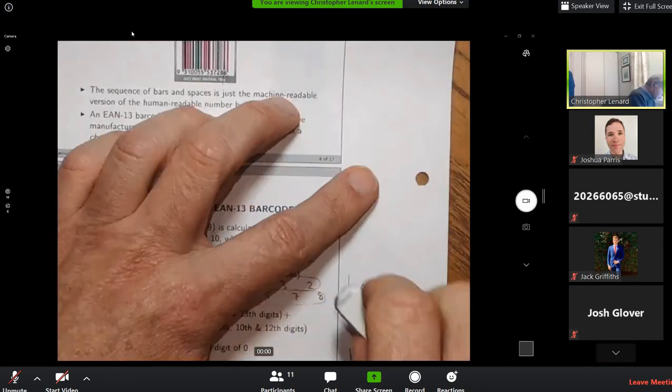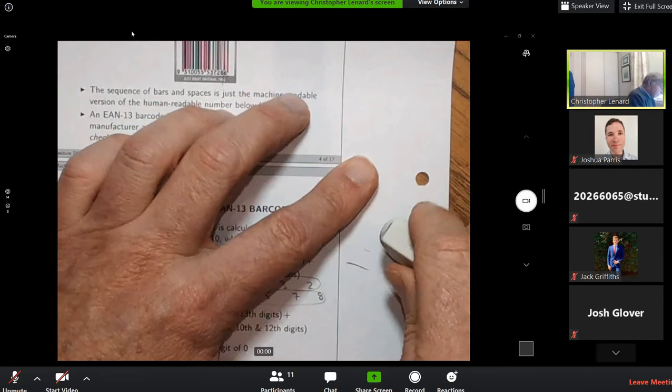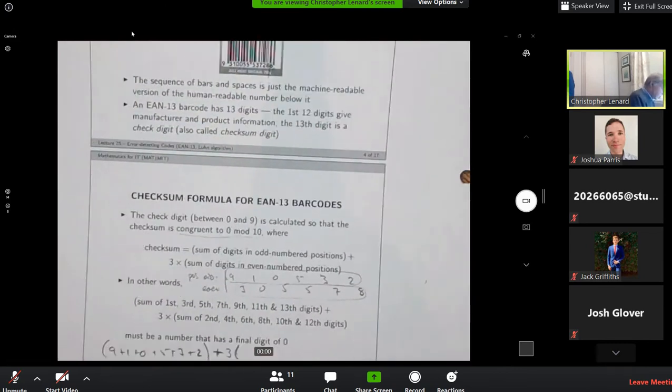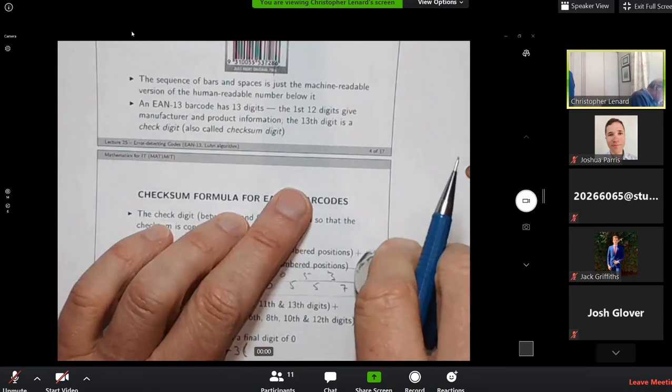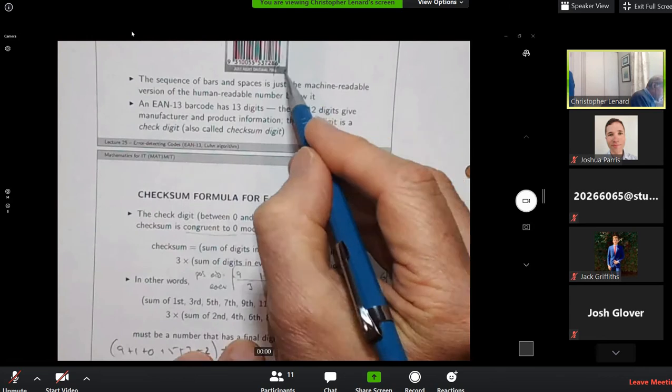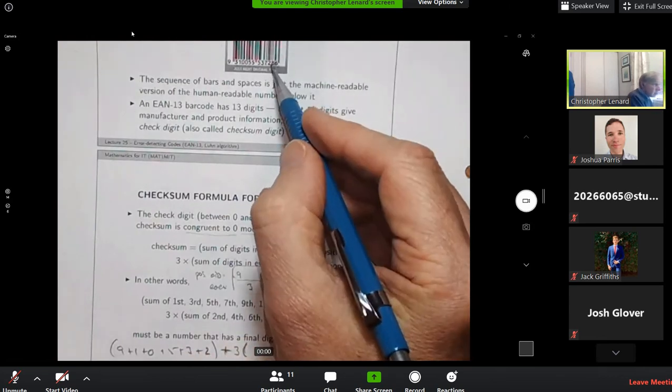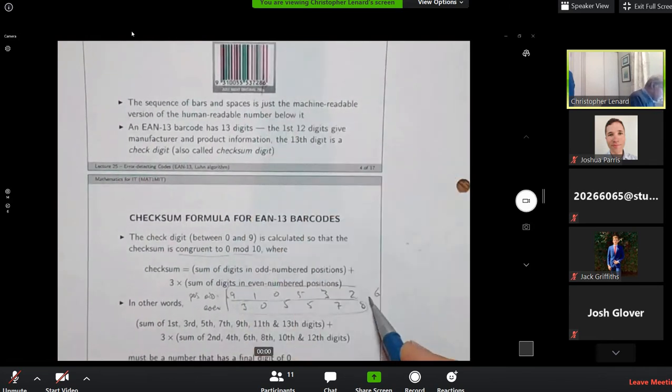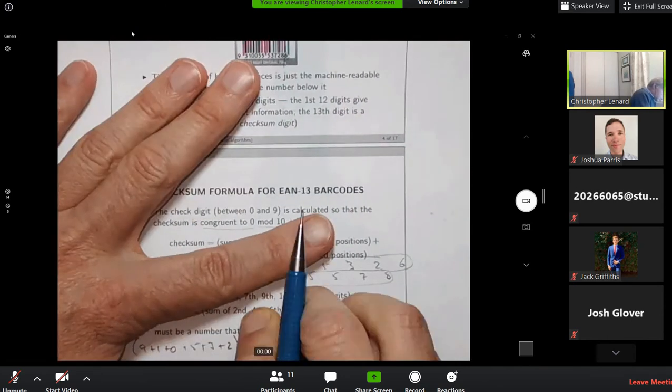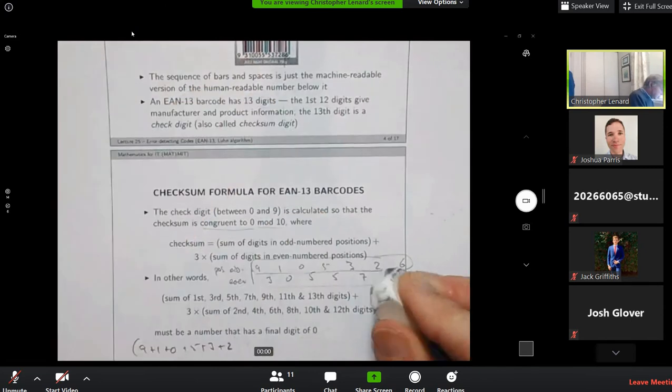I goofed a bit here. I said put the check digit aside, and I shouldn't have. The check digit 6 is in the 13th position, so that gets included in the formula. A mistake.